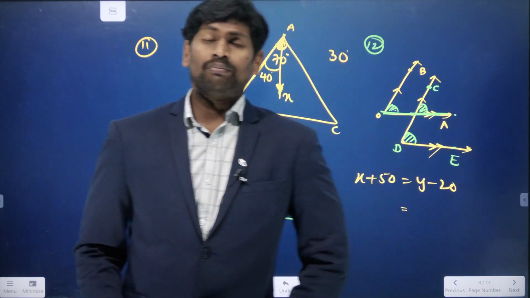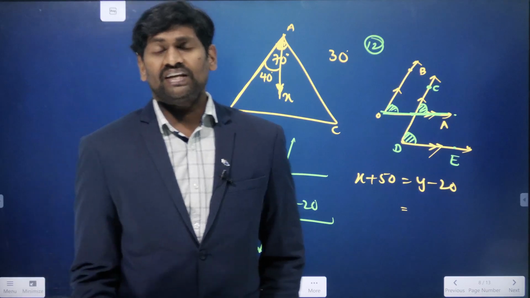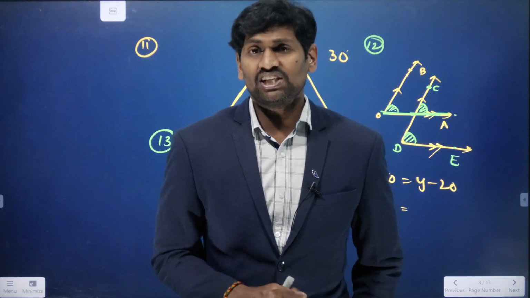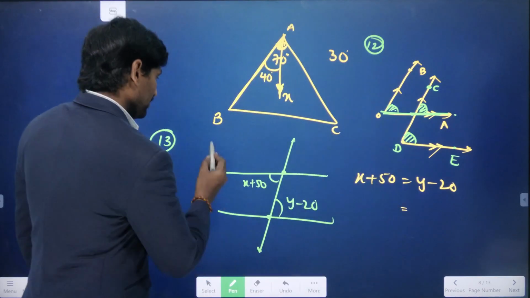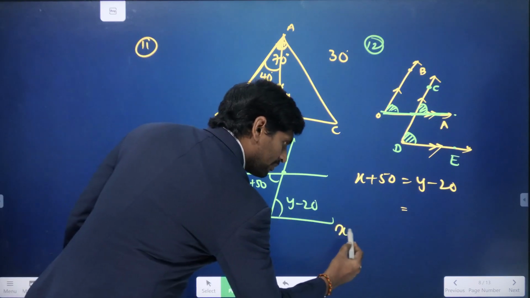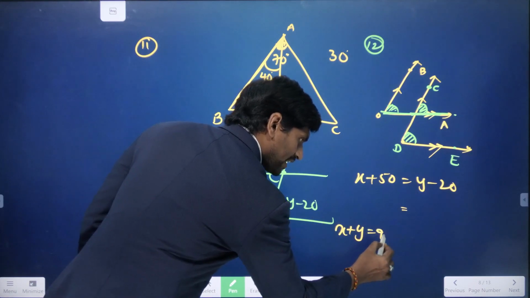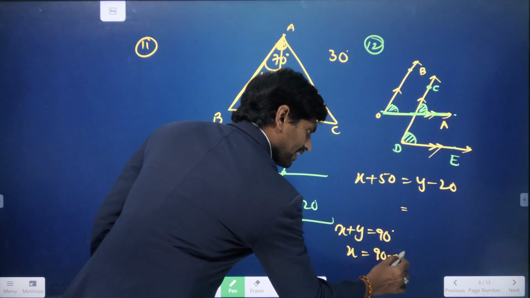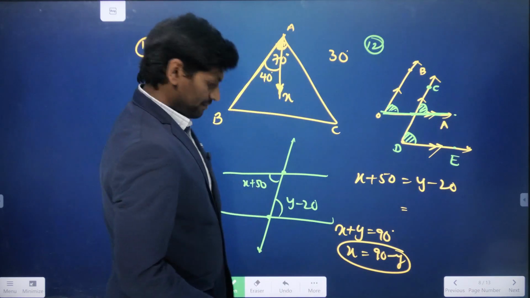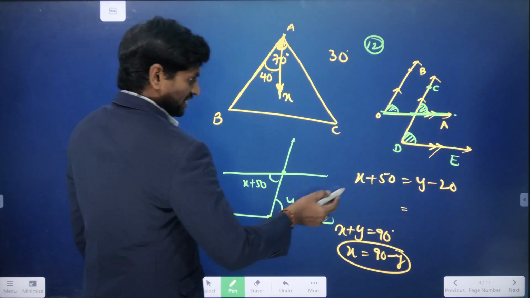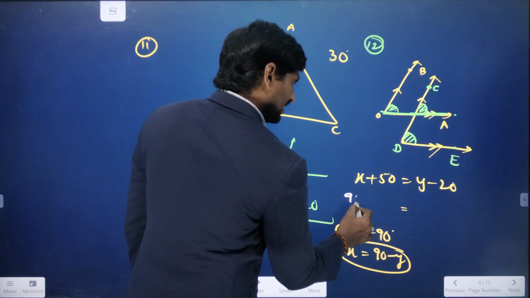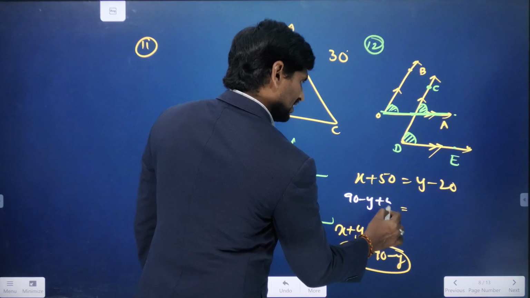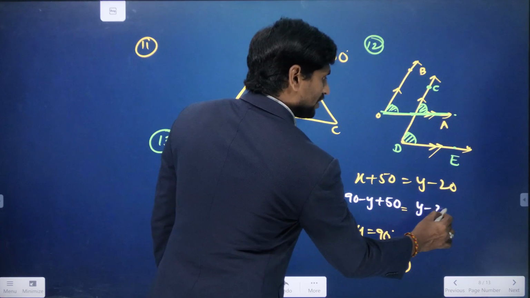Complementary angles are nothing but the sum of two angles equals 90 degrees. That means x and y complementary means x plus y equals 90 degrees. And from this x is equal to 90 minus y. Now I am substituting here. In the place of x I can write 90 minus y plus 50 equals y minus 20.